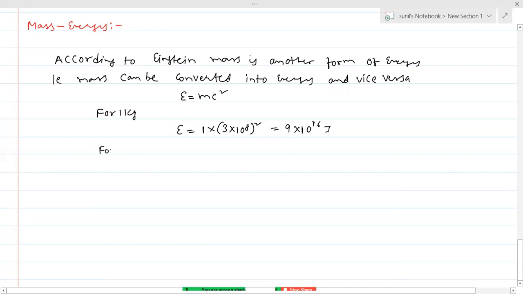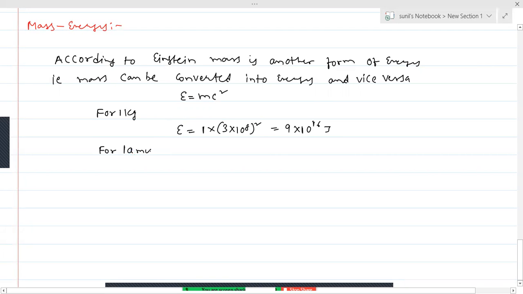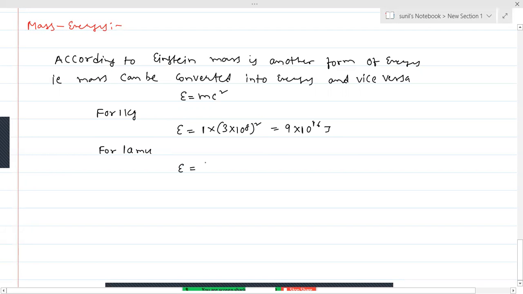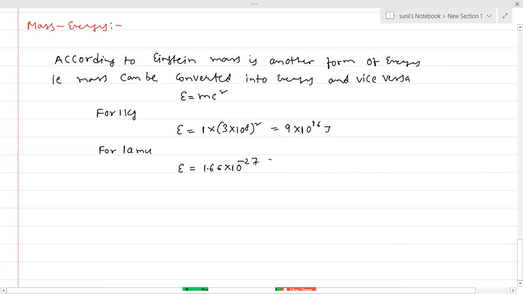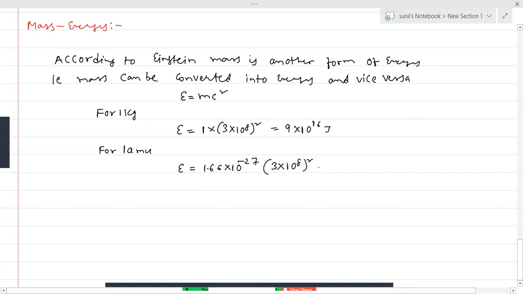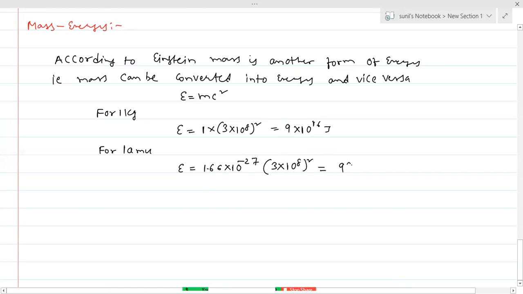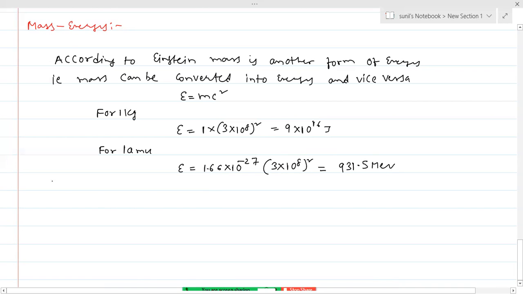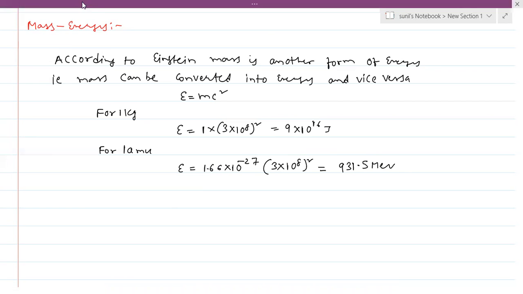Similarly, for 1 AMU, atomic mass unit, the energy is 1.66 into 10 power minus 27, that is the mass, and the light velocity is 3 into 10 power 8 whole square. By substituting them, we will get 931.5 mega electron volts. So this is the mass energy.